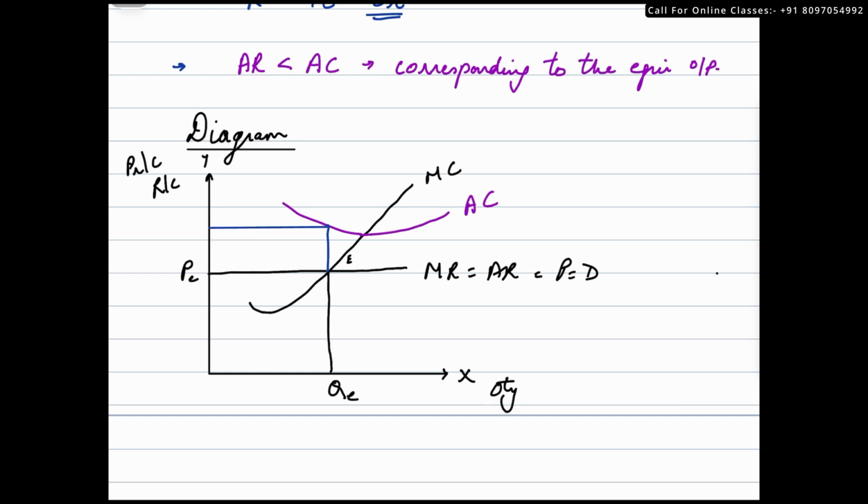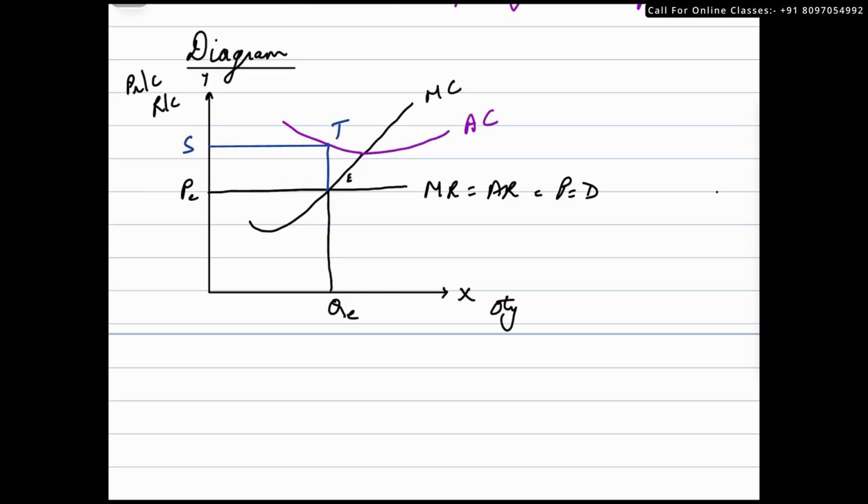So let me label this line as S and T. Okay, so now in this diagram, if we take a look at AR, AR is here, this is the average revenue. Let me mark it up for you. So this here is the average revenue, and this here is your average cost.